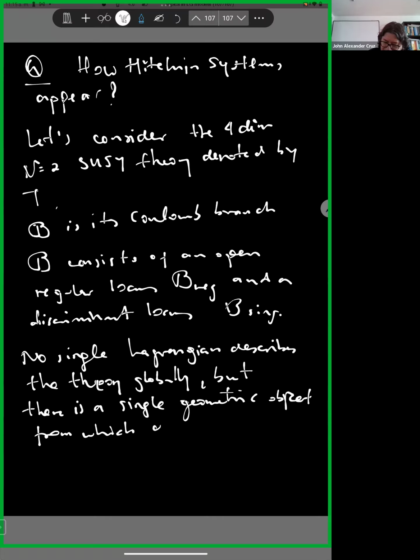So all local Lagrangians can be described.